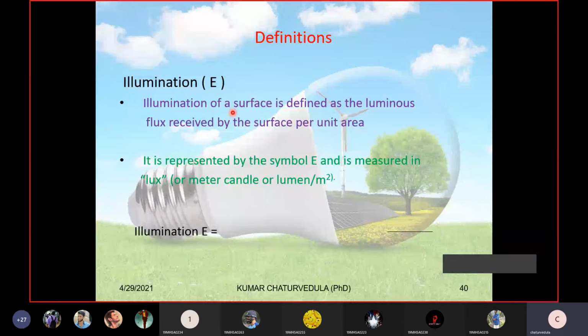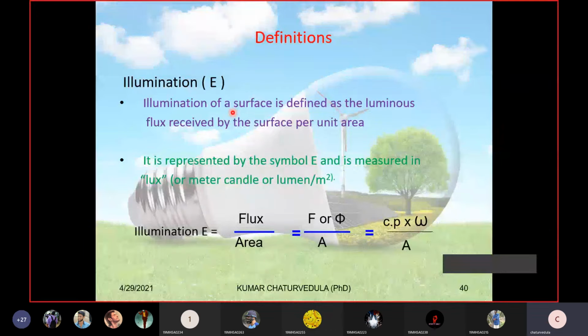Coming to our illumination, E is equal to luminous flux per unit area. Luminous flux is represented either with F or phi. So F or phi by area. We know F can be represented in terms of candle power into solid angle, divided by area. These are the different formulas available for illumination.